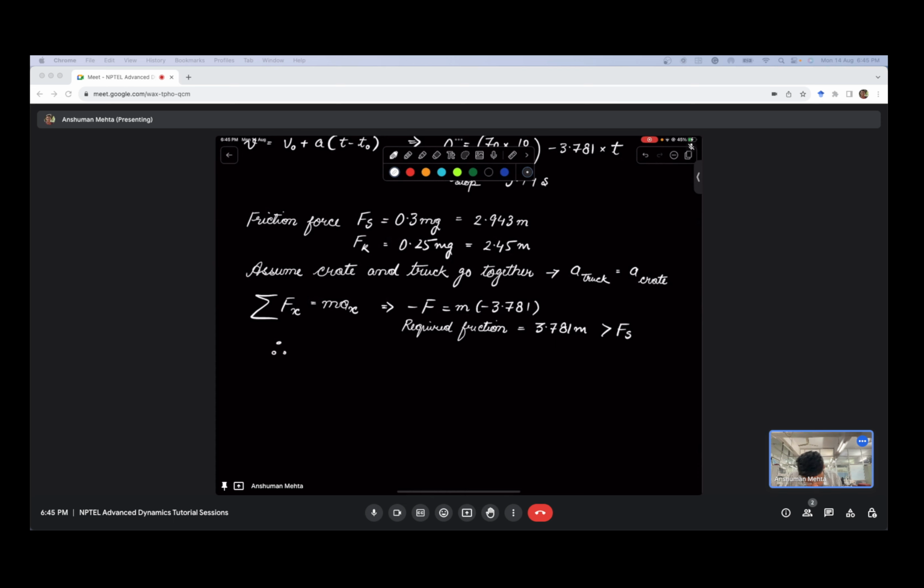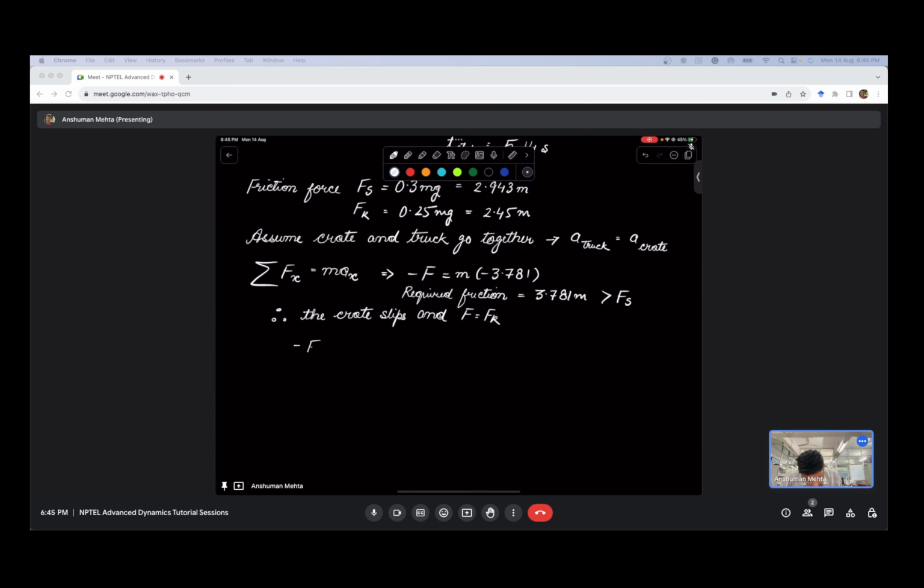Therefore, the crate slips and F is equal to Fk acts, the kinetic friction.